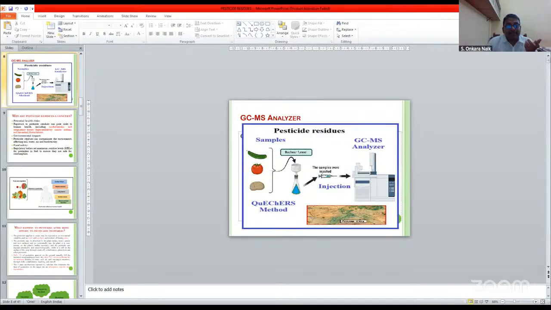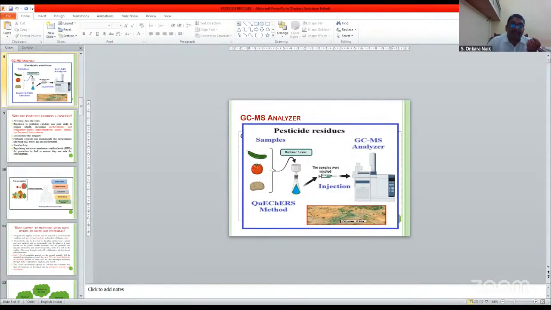Out of the veggies we tried, 21.3% of the vegetables had pesticide residues, and of the fruit samples we collected, 18.8% had pesticide residue. And spices have 63.2% because they are grown in very vulnerable conditions where pesticide usage is lots.